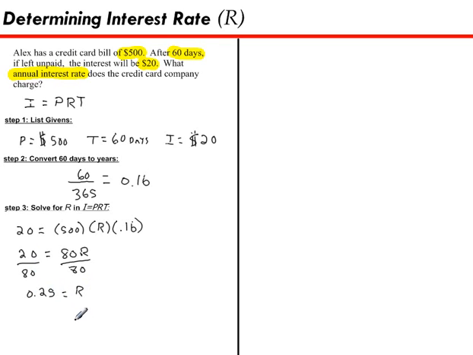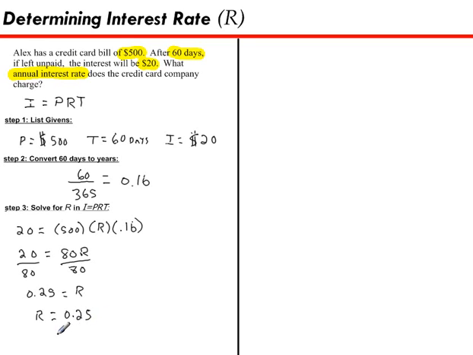However, what I'd like to do is, first, flip this so my R is on the other side, just for readability's sake, and you're allowed to do that. And last, rates are usually expressed as a percent, so I need to actually convert this decimal into a percent. Converting a decimal to percent just means I'm sliding the point 2 places to the right and then adding a percent symbol.